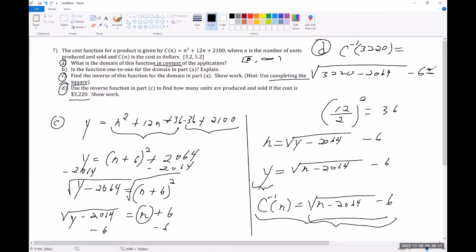That's an equal sign. 3220 minus 2064 is 1156. So it's the square root of 1156 minus 6. I don't know that that's a perfect square root, but let's find out.